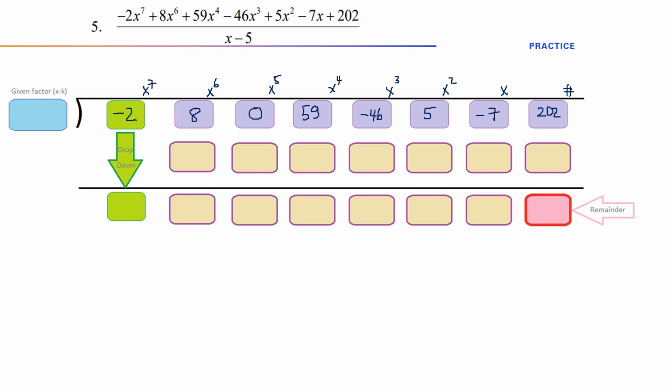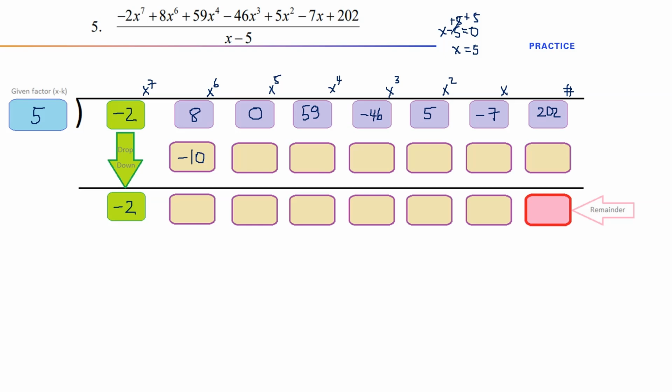Now to find k, x minus 5 equals 0, x equals 5. Add 5 to both sides, right? Now it's 5, so right here in the blue box, we drop down negative 2. So negative 2 times 5 is negative 10.